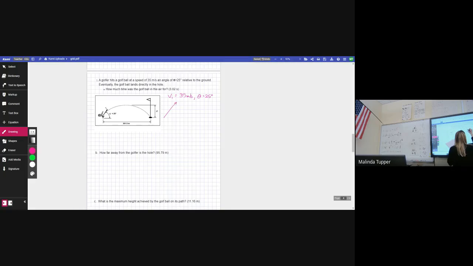If the hypotenuse is 35 and the angle is theta, my horizontal component is down here and my vertical component is over here. So viy is going to be the hypotenuse times the sine of the angle, and my horizontal component is going to be the hypotenuse times the cosine of the angle.